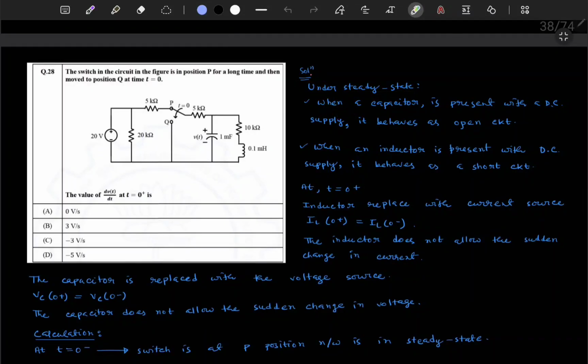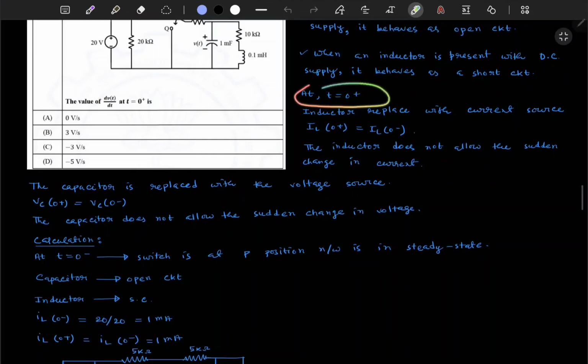First the concepts we are discussing: under steady state, when a capacitor is present with a DC supply, it behaves as an open circuit. When a DC supply we apply, then the capacitor will be open circuit. When an inductor is present with a DC supply, it behaves as a short circuit. At t equal to 0 plus, the inductor is replaced with a current source, that means IL(0+) equals IL(0-).